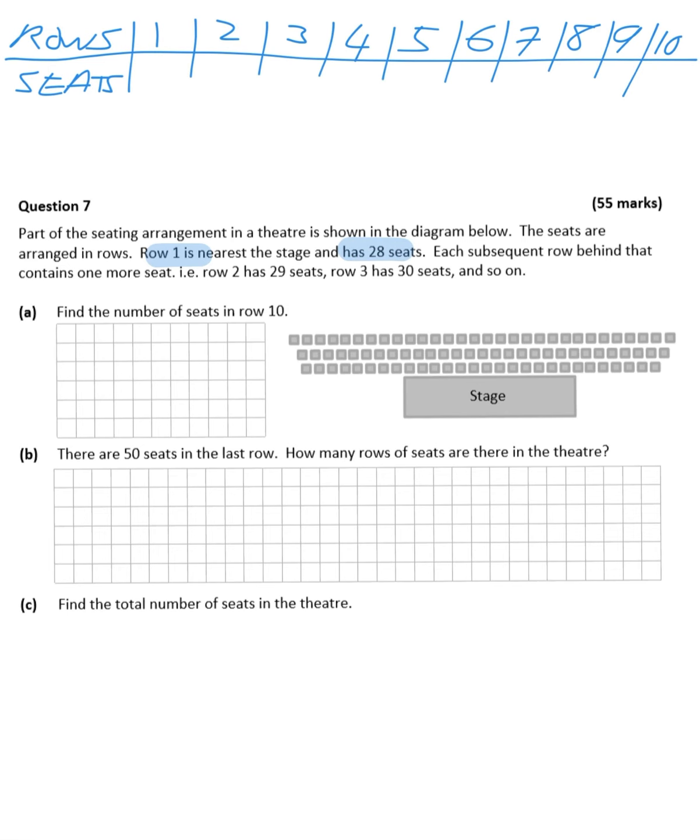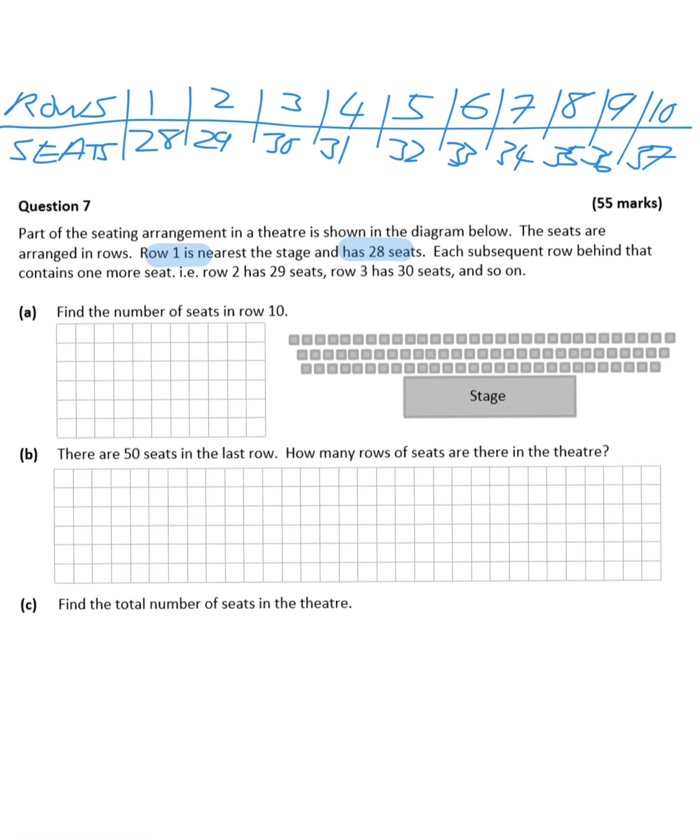So that will be 28. And then each subsequent row behind that has one more seat. So going on from there, you'll have 29, 30, 31, 32, 33, 34, 35, 36, and then 37. So that means in row number 10 we have 37 seats.